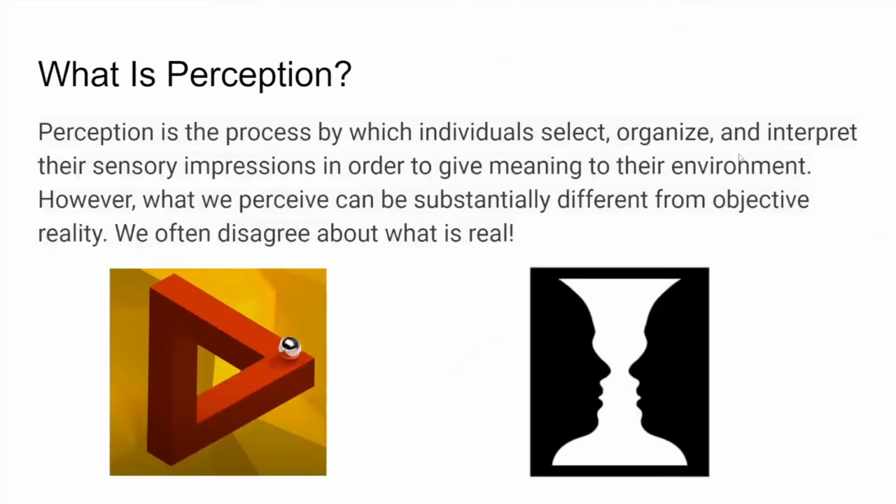So perception is a process by which individuals select, organize, and interpret their sensory impressions in order to give meaning to their environment. However, what we perceive can be substantially different from reality. And we often disagree about what's real.